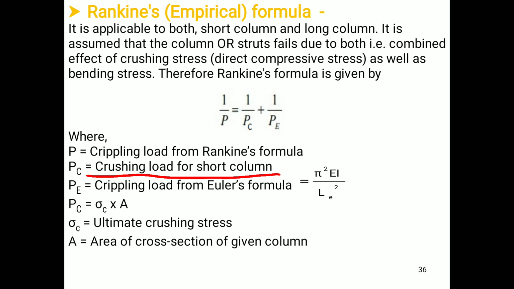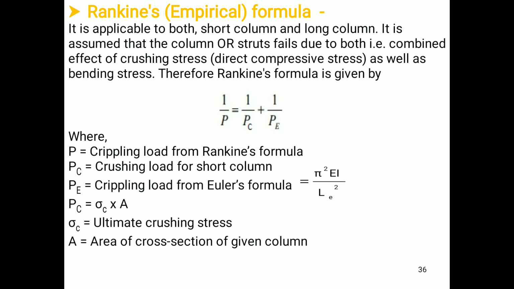The value of Pc in terms of crushing stress can be given by Pc equals sigma c into A. Pe is the crippling load which we have found out from the Euler's formula, and it can be given by pi square EI upon L effective square.